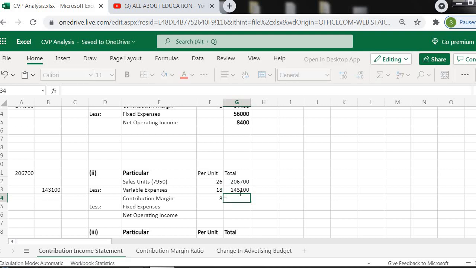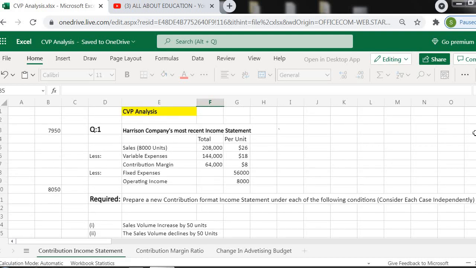Now we have to deduct this 1,43,100 from 2,06,700. So the contribution margin in total is 63,600, and the fixed expenses are 56,000.